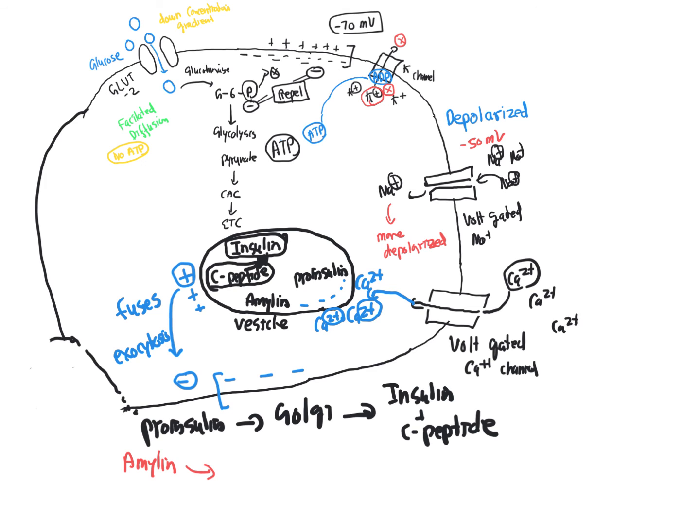And as we already discussed, when there's less amylin, the person gets hungry often and eats more, and it causes an increase in blood glucose, which, when left untreated, becomes a cause for diabetes.